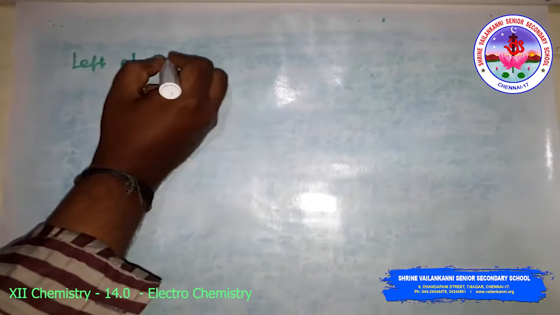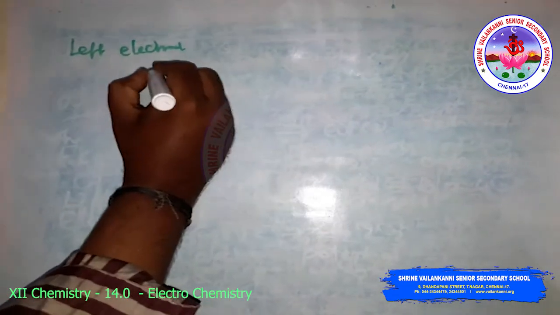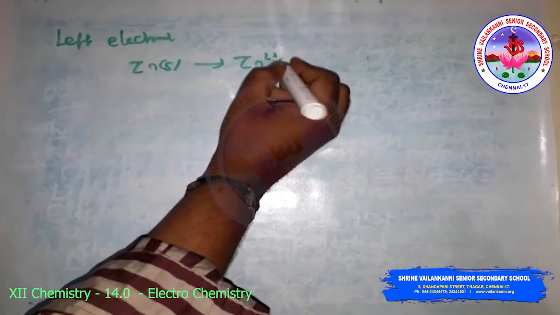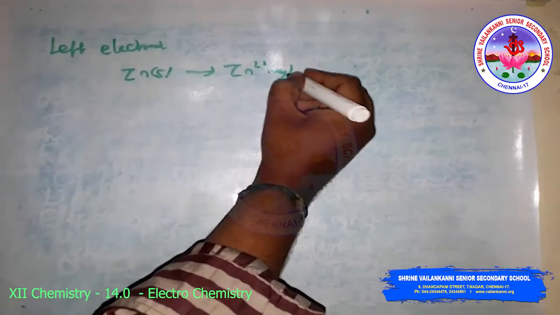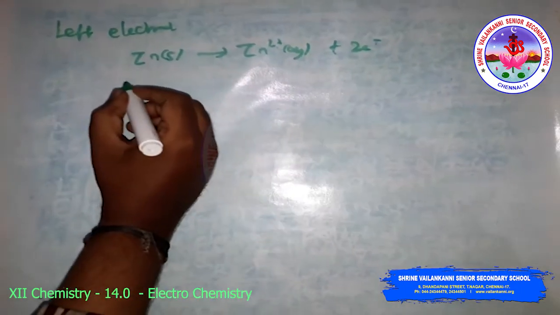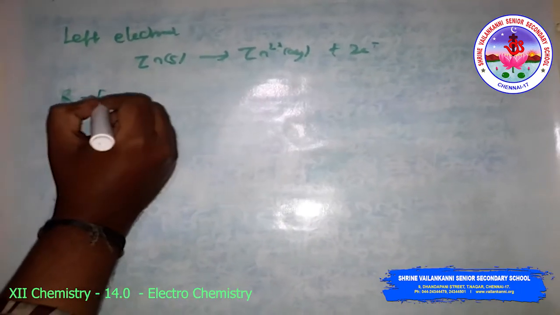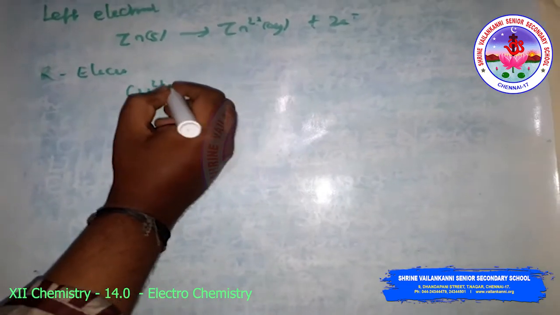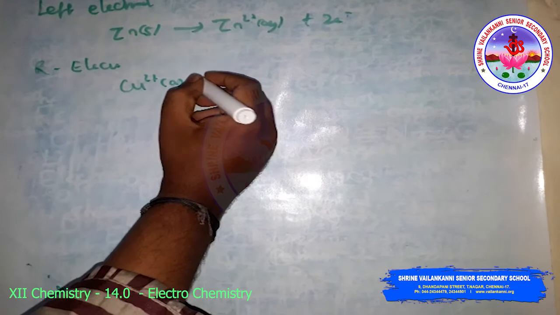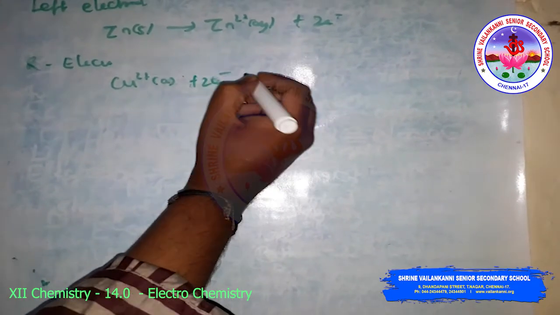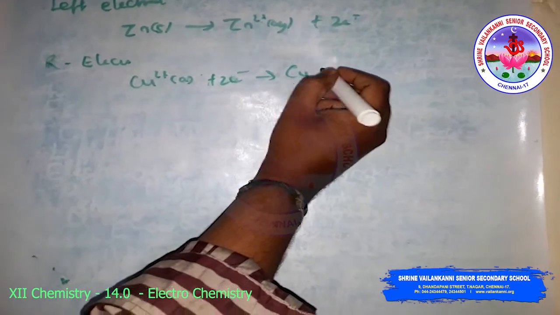That is the convention. At the left electrode, zinc solid converts to Zn2+(aq), 1 molar, and 2 electrons. Similarly, at the right electrode, Cu2+(aq), 1 molar, gains 2 electrons to give copper solid.